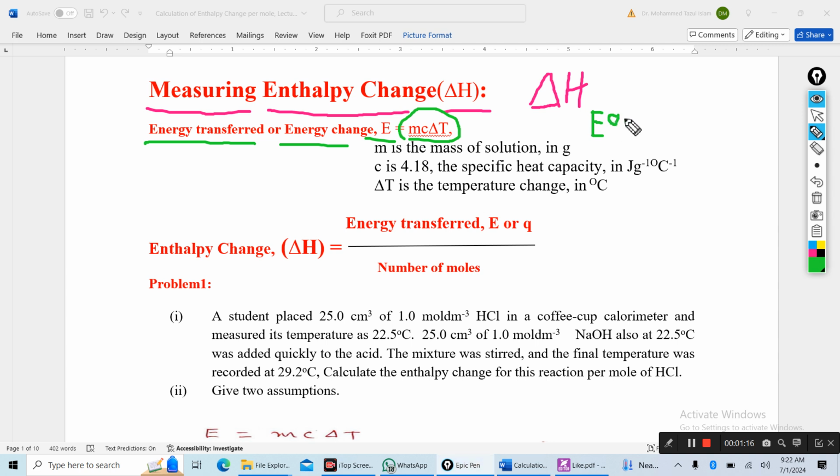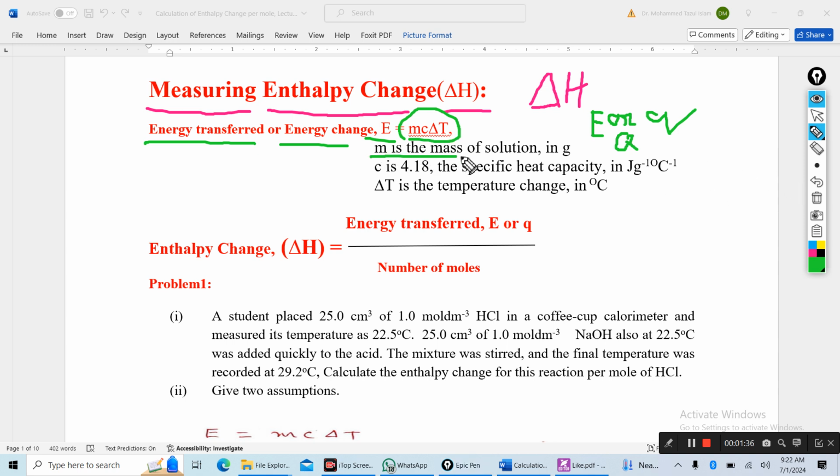E, or you can write Q, small q or capital Q. This means energy transferred E or Q equal mc del T.